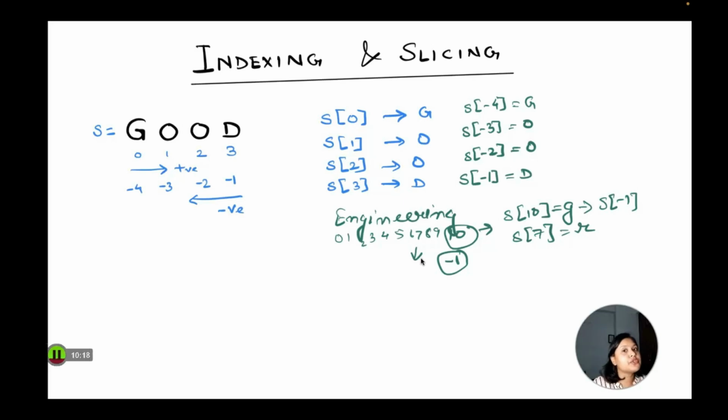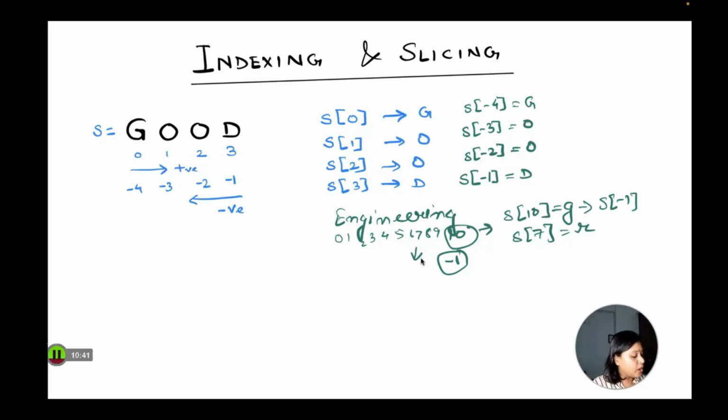Now, if you want to grab the first letter, that is S of 0, right? So that's how the indexing works. Index starts with 0, and you have a positive index as well as a negative index.